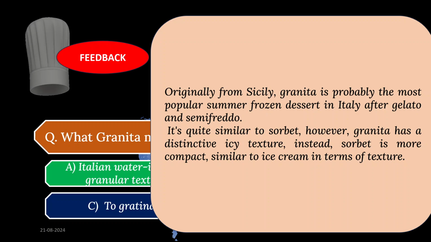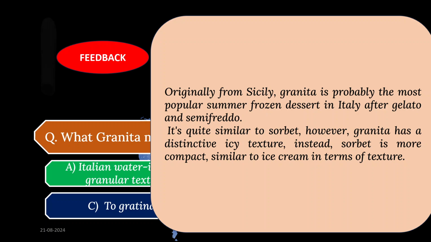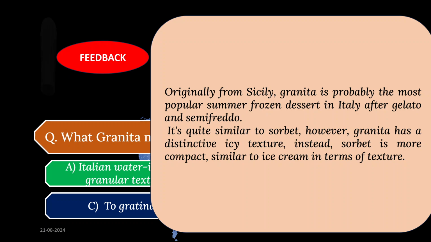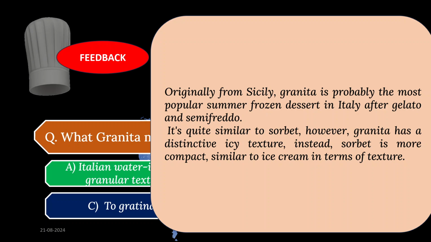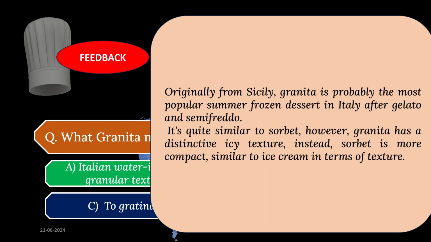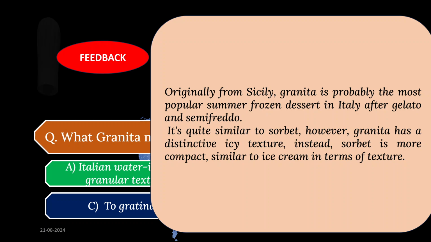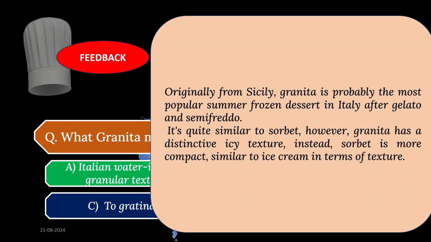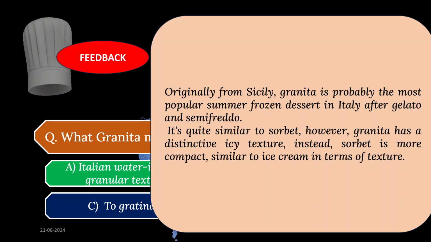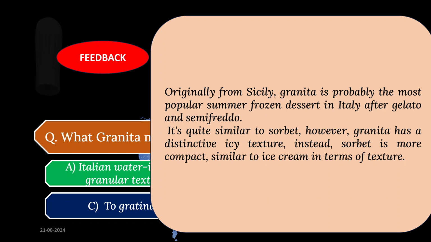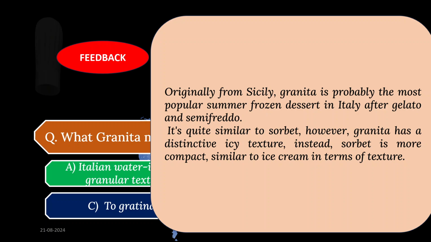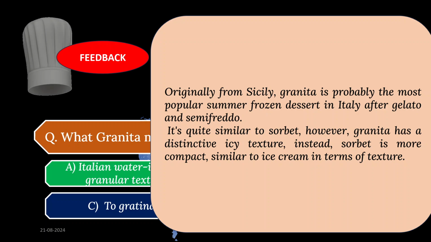However, granita has a distinctive icy texture, whereas sorbet is more compact, similar to ice cream in terms of texture. Is the difference between granita and sorbet clear? I hope this information is also very useful for you all.